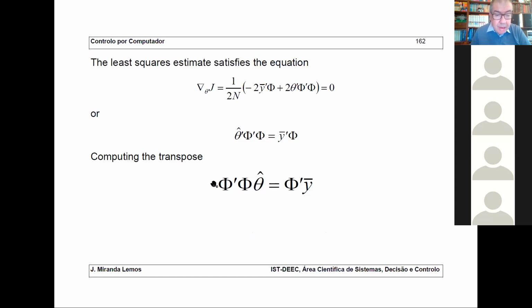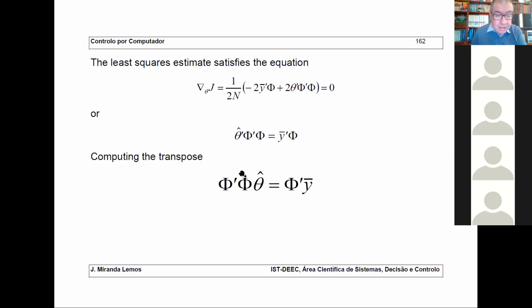So you have a matrix with a dimension of theta hat equals to, and this is a vector with a dimension of theta hat too. Okay? So you have a system of equations in which theta hat is the unknown, the vector of unknowns.